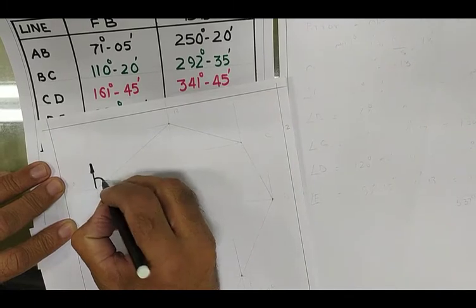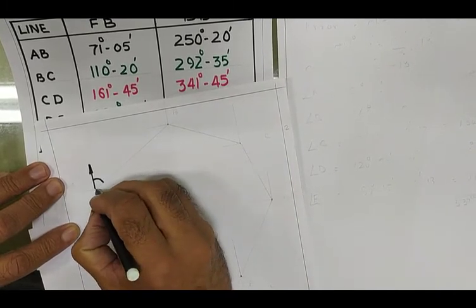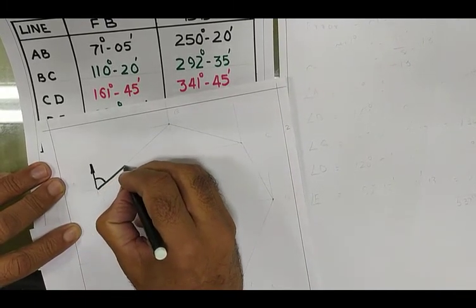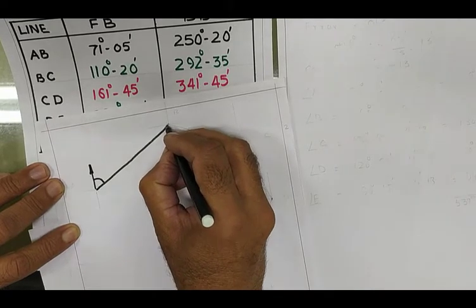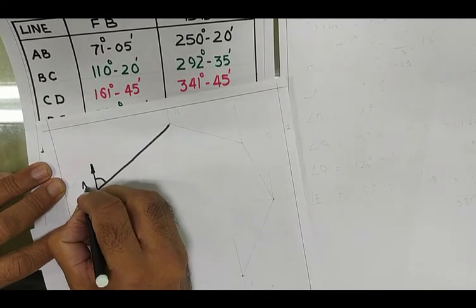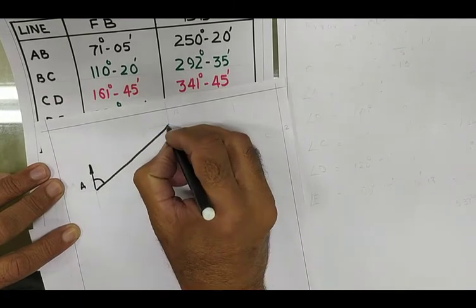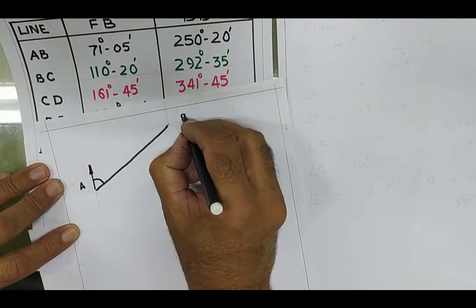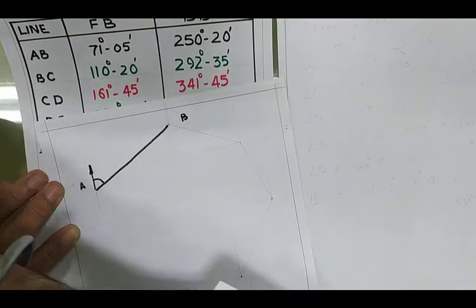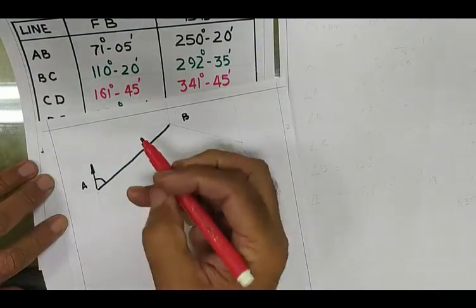Then you draw any line, that is known as line AB. You take this point as A, and anywhere this point will be B. Again at point B, you mark the north line.